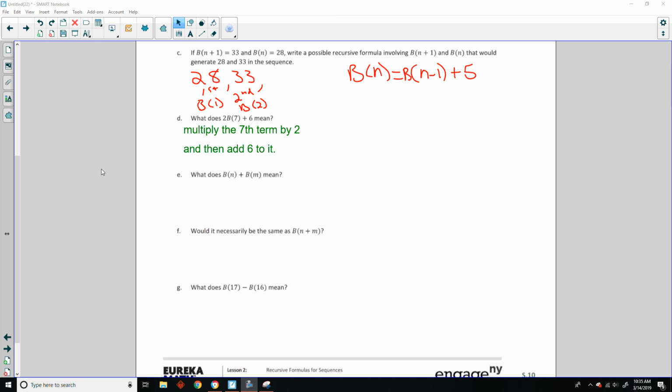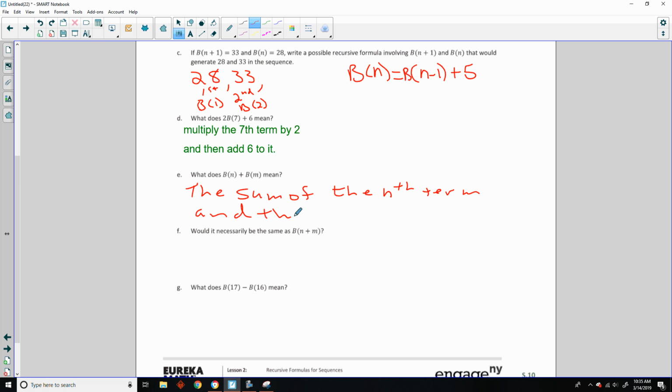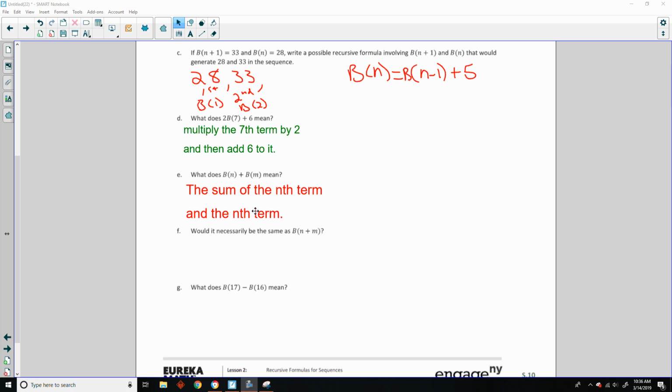What does b of n plus b of m mean? Well, b of n plus b of m would be the sum of the nth term and the mth term. The sum of the nth term and the mth term.